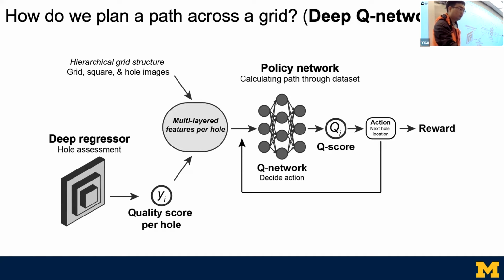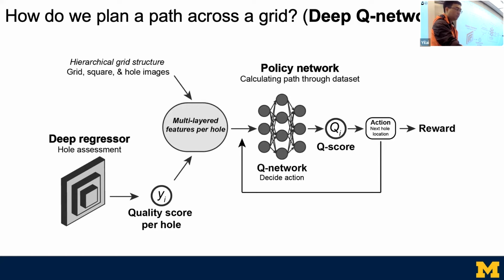Once you output an action, basically you want to collect data from this hole, and once you have that, you will also obtain the ground truth of the quality of that hole. So it'll also tie up with the reward. The goal of the DQ network during training is that it'll maximize the reward in a given time frame.